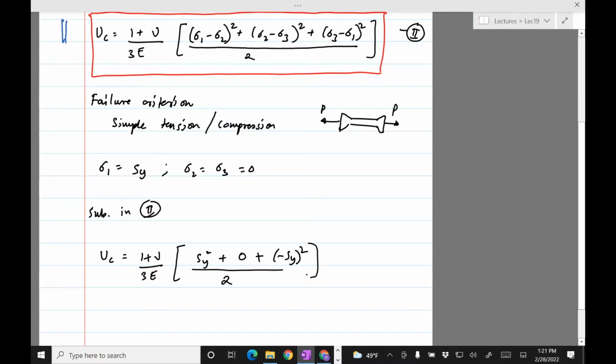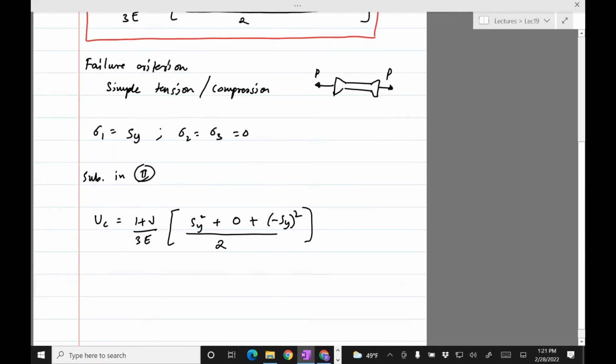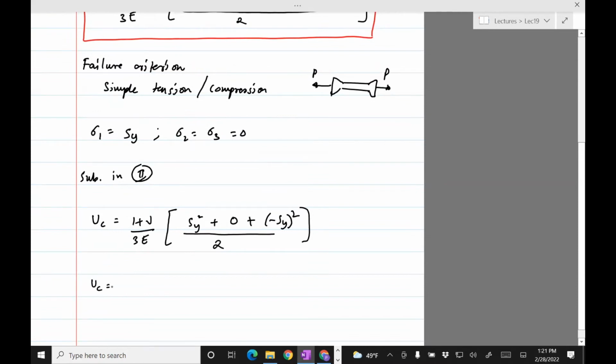It comes out to be UC equals (1 plus nu) divided by 3E times Sy squared.